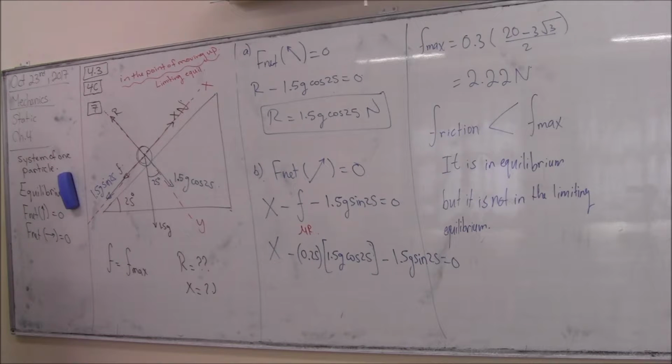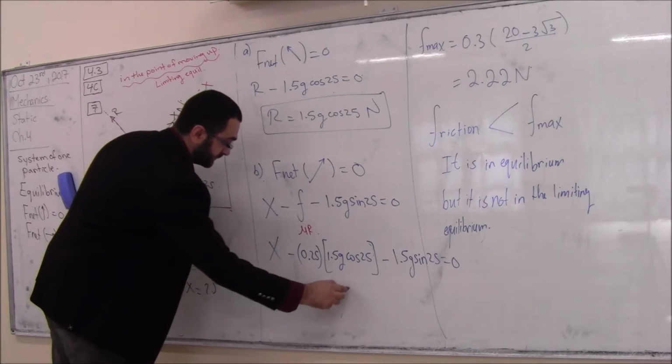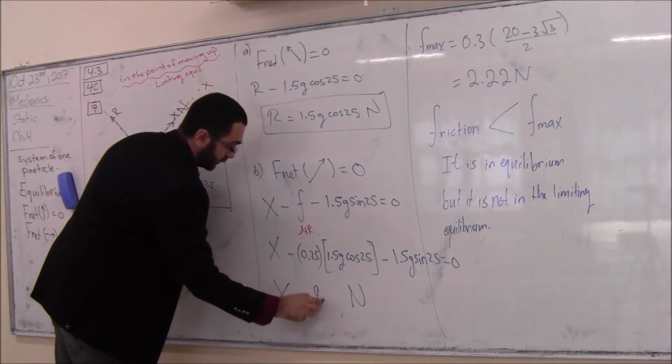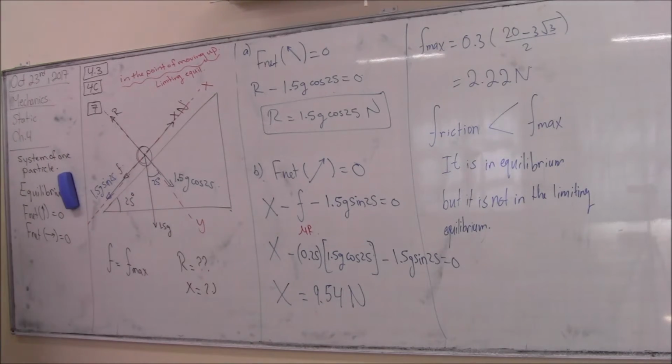We have only one variable now, which is X. X equals 9.54 newtons. Clear? Any question? Zainab? Sure, check with me how to do the second one. Okay? Fine.